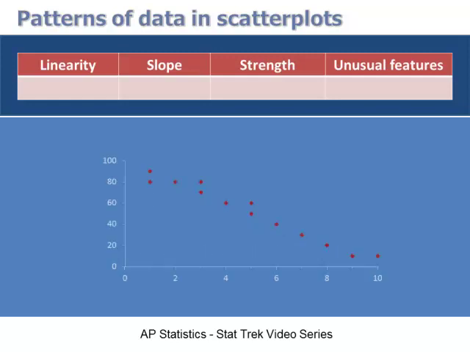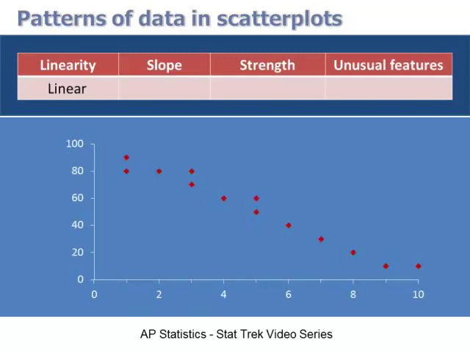This scatter plot has a linear pattern with a negative slope. Because the dots are closely concentrated around a line, we would say that the relationship between the x and y variables is strong. And finally, there are no unusual features like gaps, clusters, or outliers.